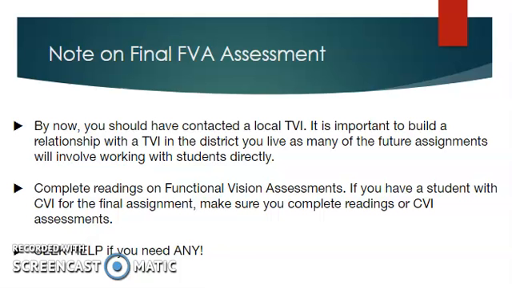Take forms, take all the materials you need, or borrow materials from the TVI. Just be prepared and seek help if you need any, as it's very important. No question is dumb. So just make sure you ask questions and seek help. It's a huge topic, and it's a first semester for many of you. So make sure you ask if you do not understand things.